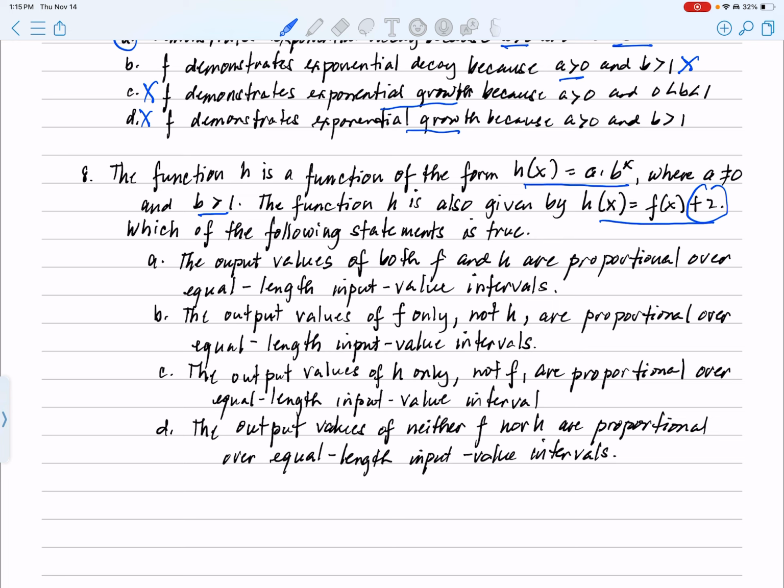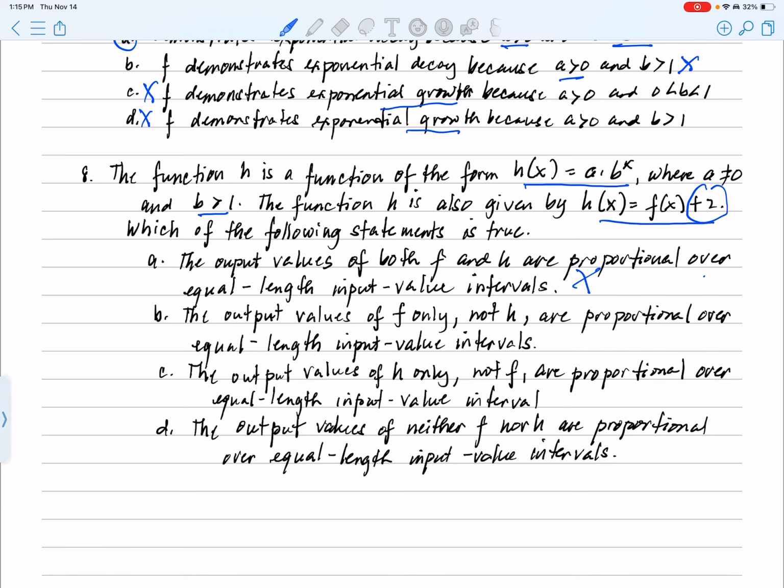So it says, which of the following statements is true? The output values for both f and h are proportional over equal length input value intervals. It's not because of this.